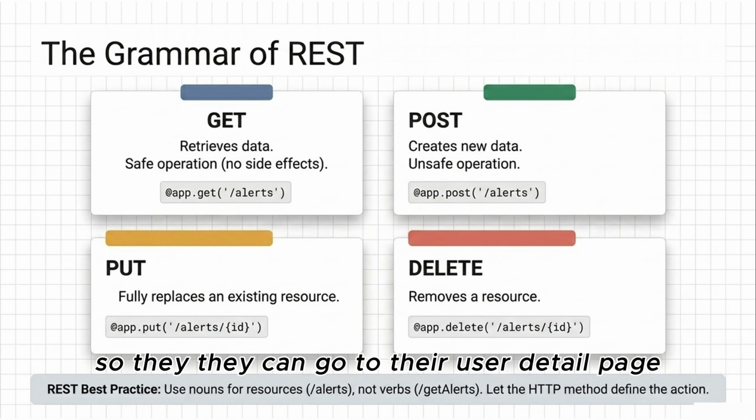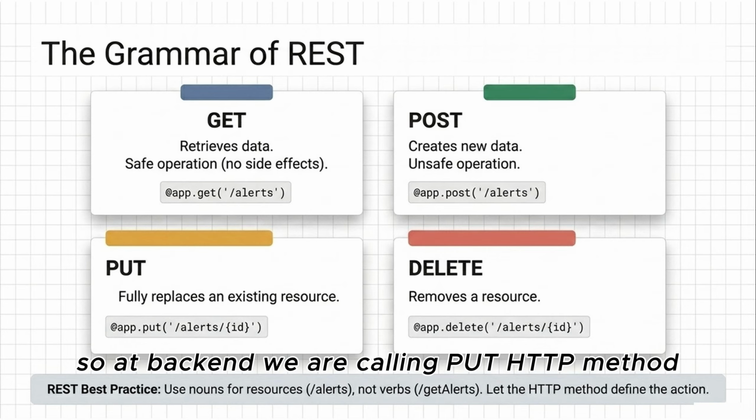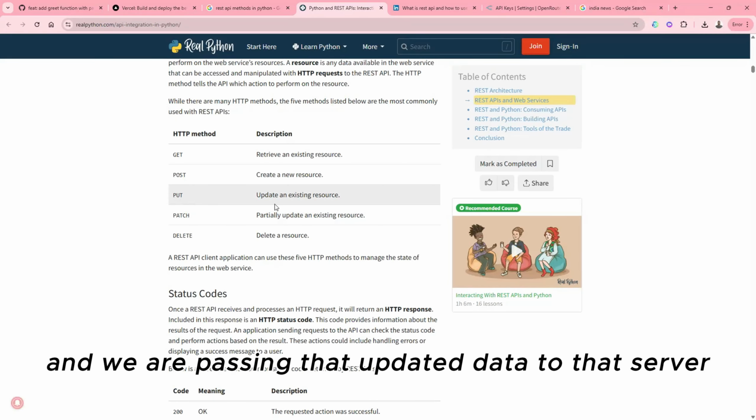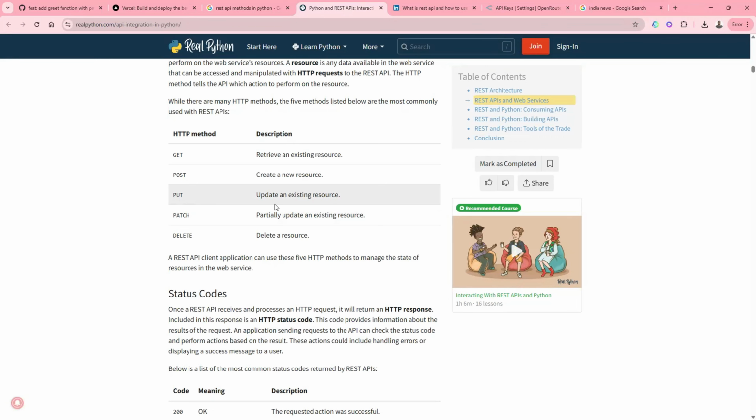They can go to their detail page, update their details and click update. So at the backend we are calling the PUT HTTP method and passing that updated data to the server, and it will update that particular record.